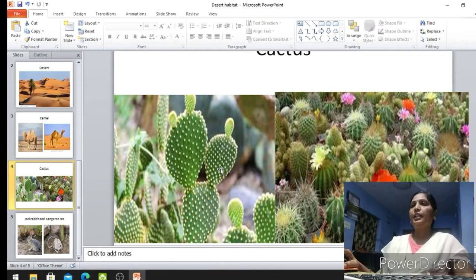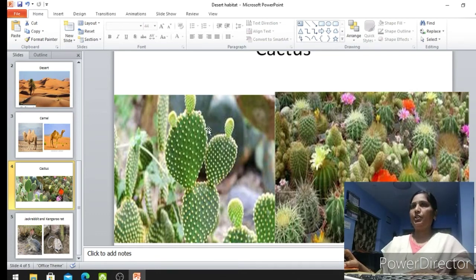And the other one is to reduce the transpiration process, their leaves are modified into spines. And the third adaptation is the stem performing photosynthesis instead of leaves.